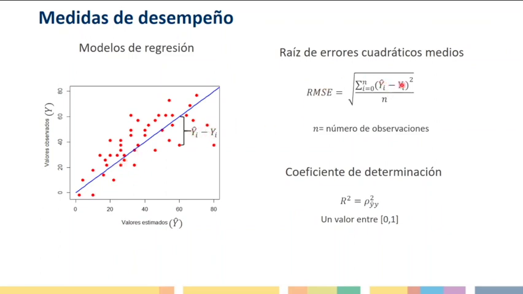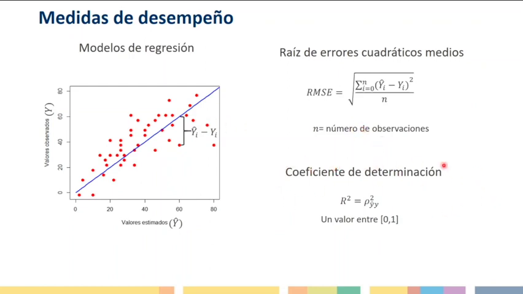These differences are squared to avoid positive and negative differences cancelling out. They are averaged, and in the end, a root is calculated. So this RMSE has the same measurement unit as the response variable.